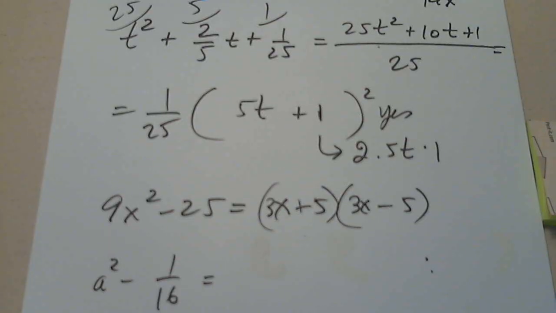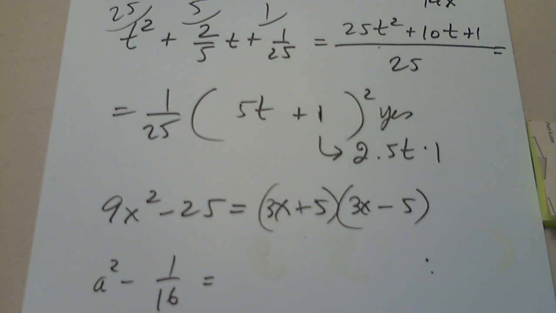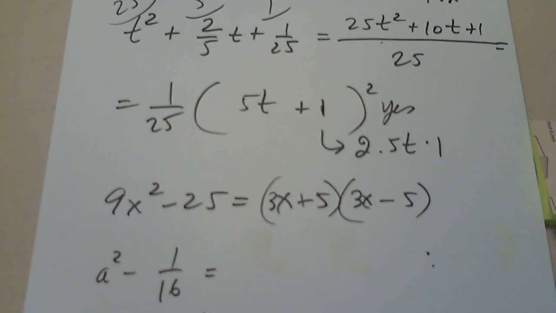Okay, yes, let's also copy x squared plus 144 y squared. And let's see, what else? Yes, also 4x squared minus 144.